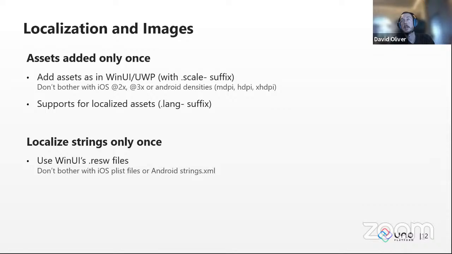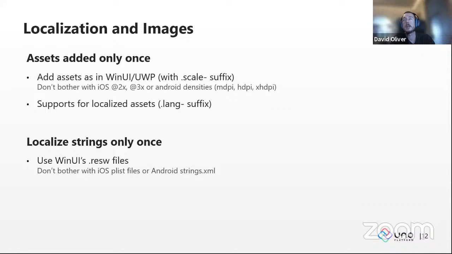Likewise for strings, a common requirement is to have to localize an application for multiple languages, and the WinUI contract makes it really easy to do that. So you create a RESW file for each language with all of the string values.